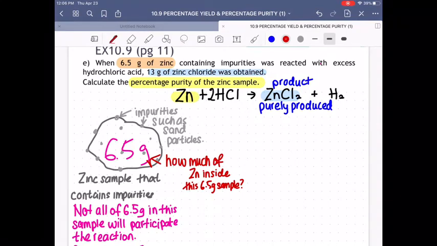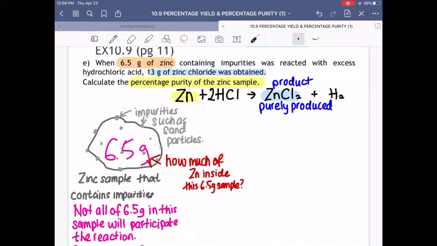Firstly, how do we know how much zinc has been used up for the reaction? We know that our zinc chloride was formed from zinc. Only the pure zinc will give out this zinc chloride.